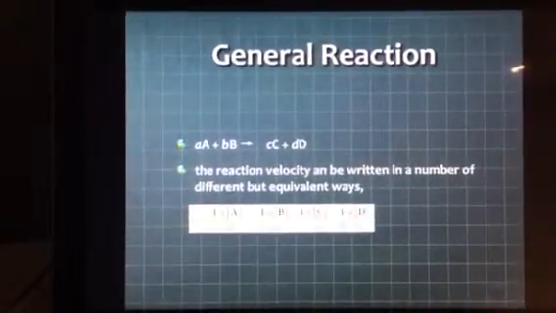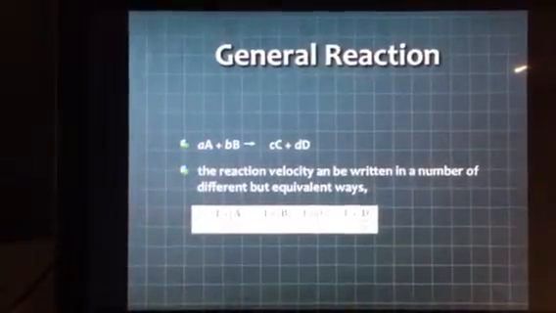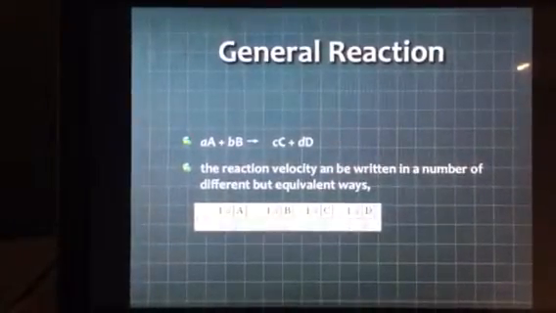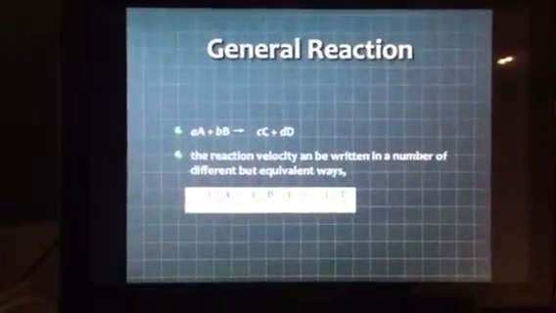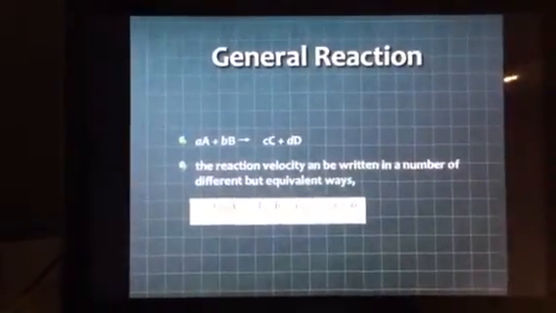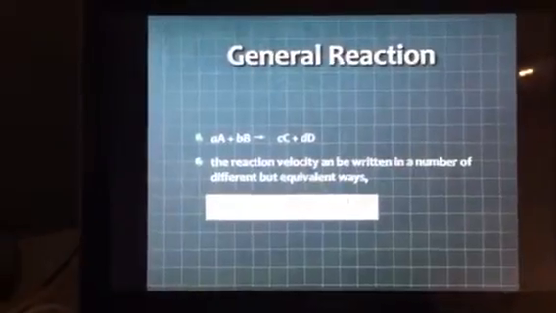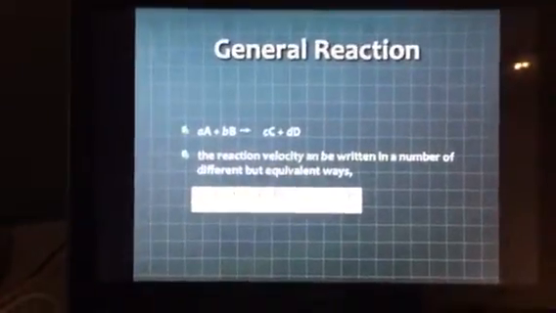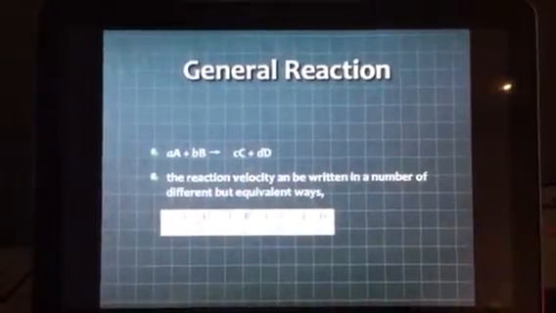As in our previous example, the negative signs account for material that is being consumed in the reaction, and the positive signs account for material that is being formed in the reaction. The stoichiometry is preserved by dividing the rate of change of the fraction of each substance by its stoichiometric coefficient.